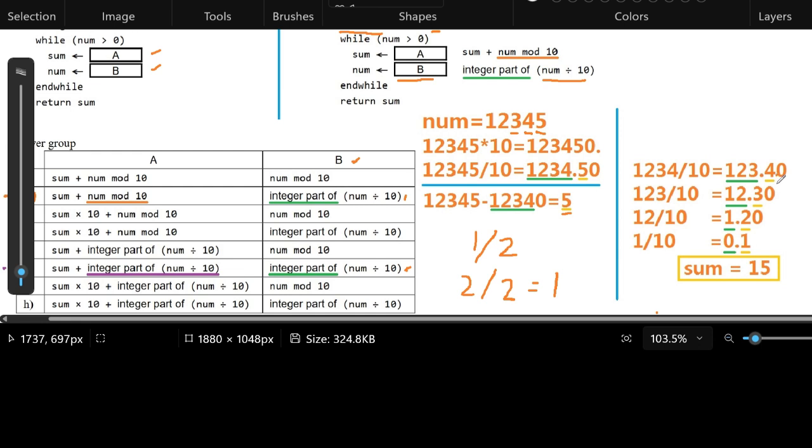The mistake that I had was I got the numbers on the left side and added those instead of the ones on the right. If we add the remainders, 4 plus 3 is 7, plus 2, and then plus 1, that should give us 10, not exactly 15.